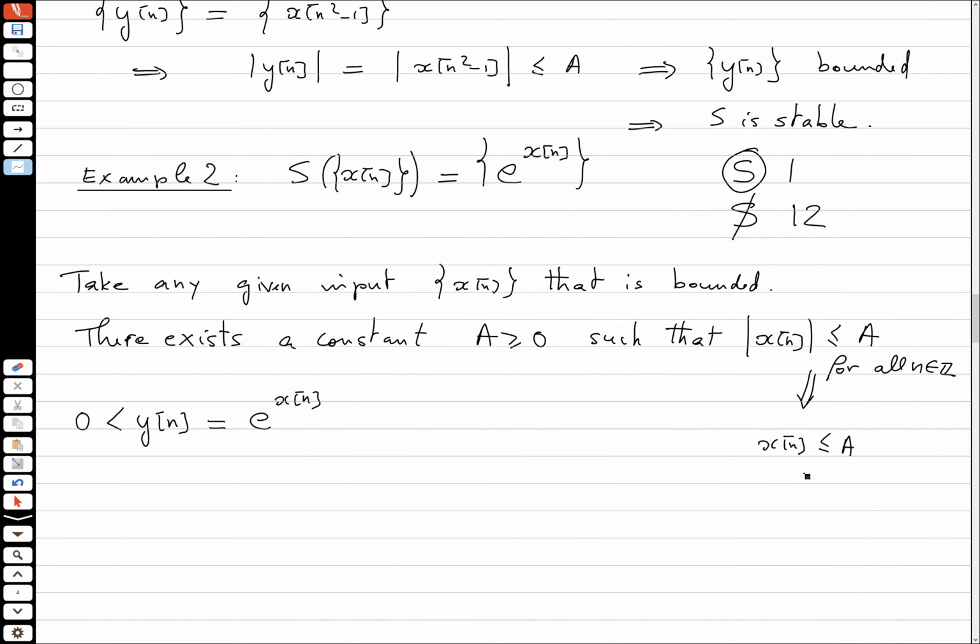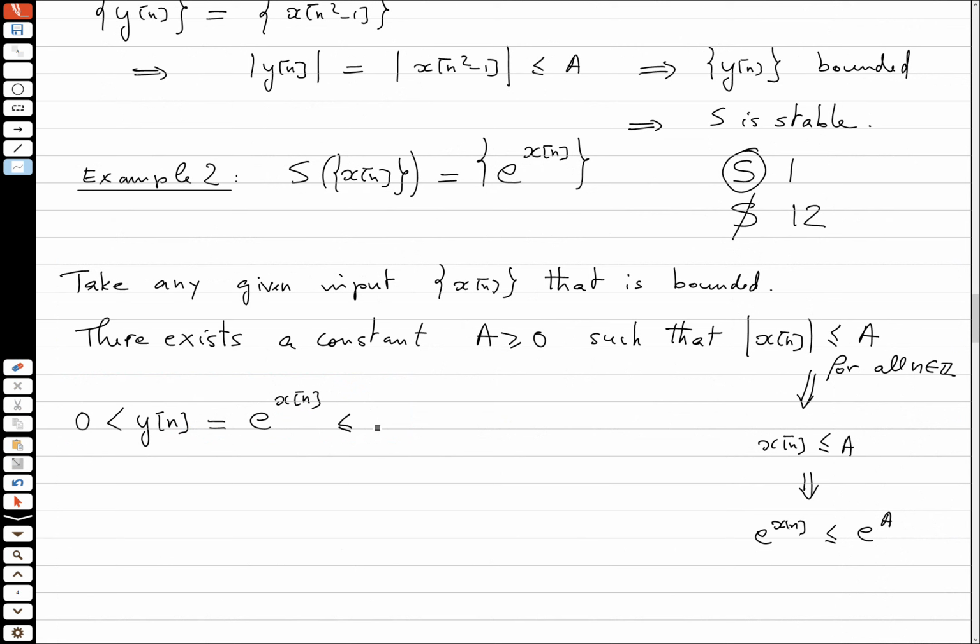This means that if x is less than a, then exponential of x of n is less than exponential of A. You agree with this? Yes.